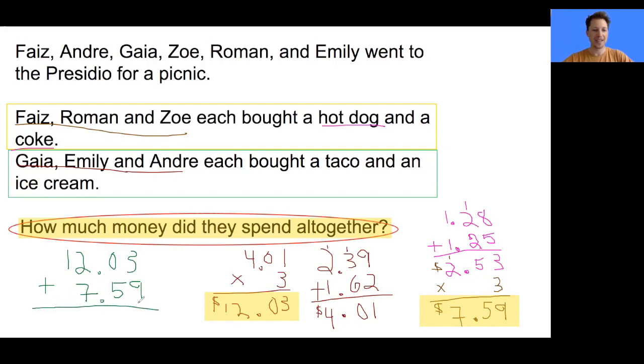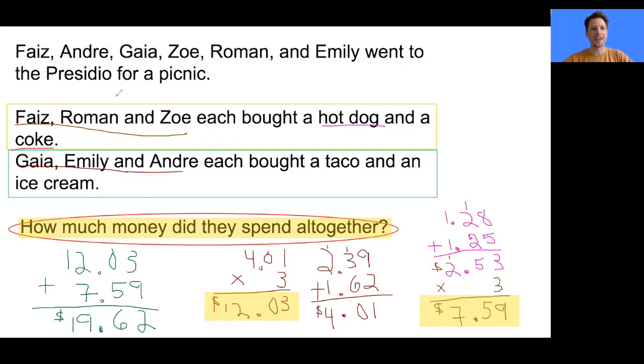So 3 plus 9, that's 12. I put the 1 up top here. Carry the 2 down below. 1 plus 0 is 1. 1 plus 5 is 6. All right. Carry down my decimal place here. 7 plus 2, that's 9. Carry the 1 down. That's $19.62.